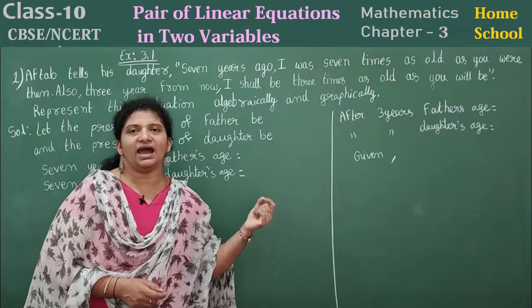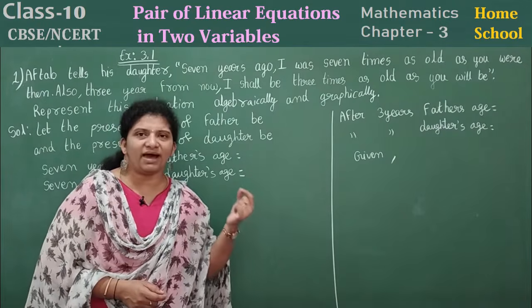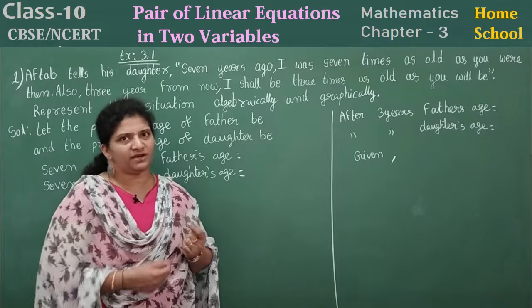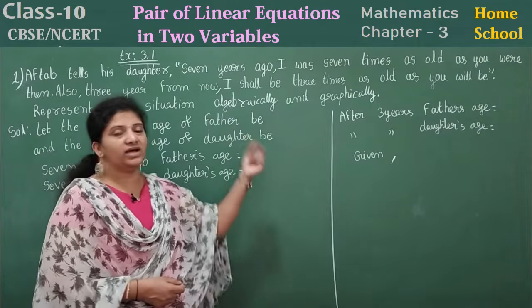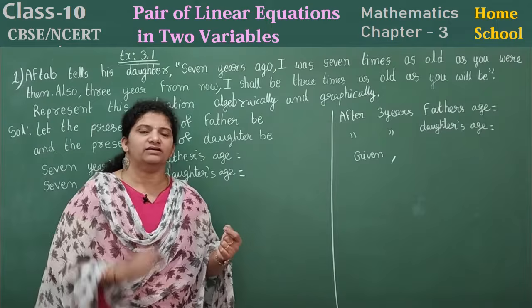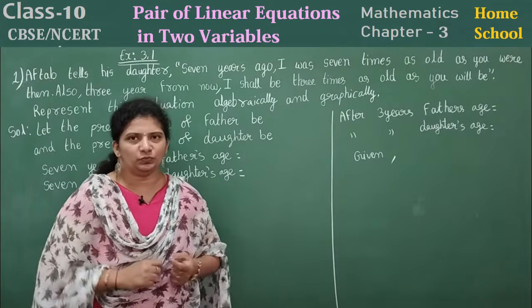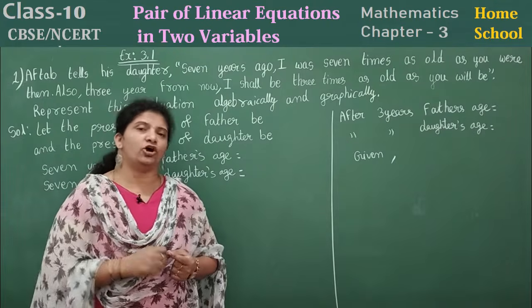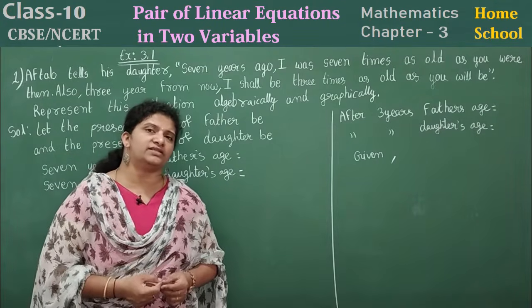Who is I? Aftab. X minus 7 is equal to 7 times the daughter's age before 7 years.